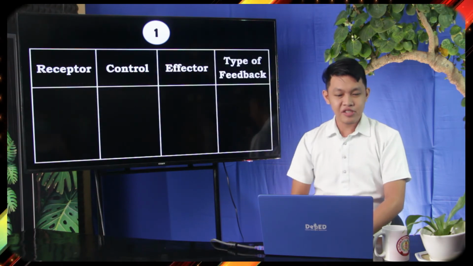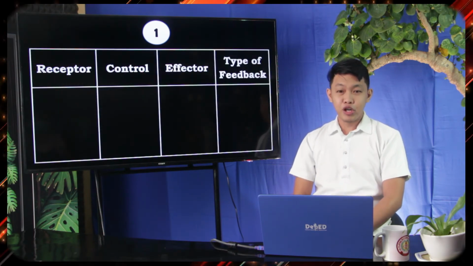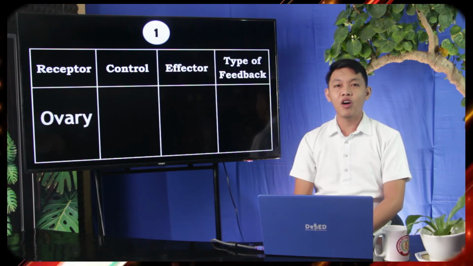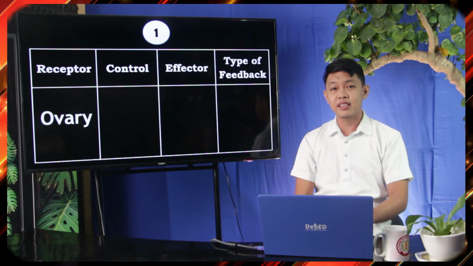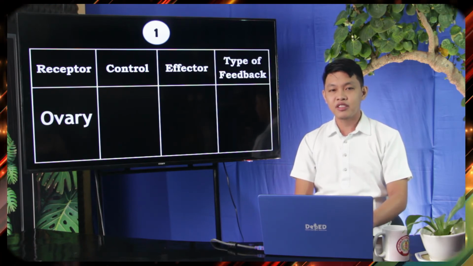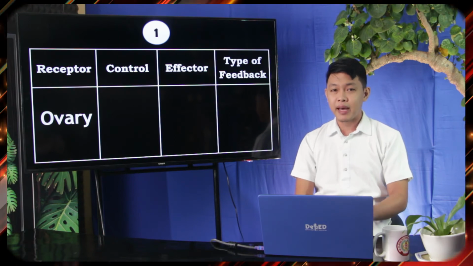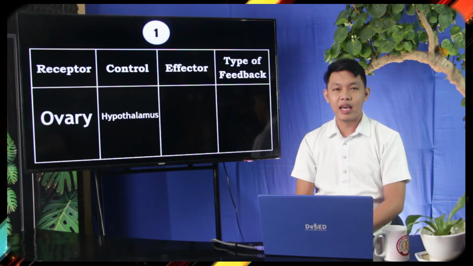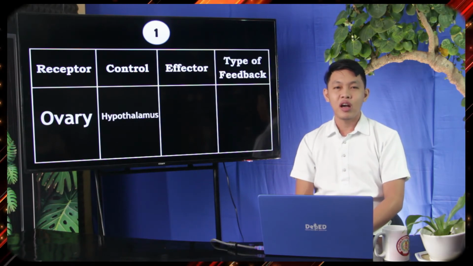Okay, let's answer. The receptor for number 1 will be the ovary because it senses the stimuli. The stimuli received by the ovary will be passed to and analyzed in the hypothalamus.